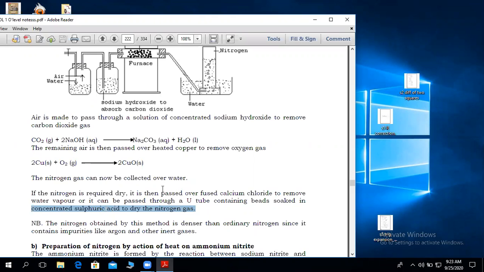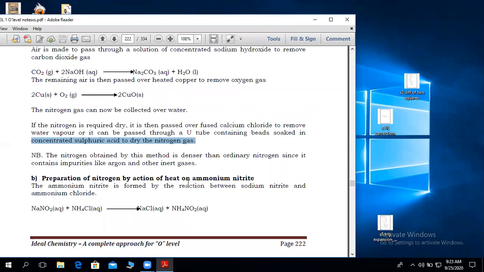But when we use anhydrous calcium chloride or fused calcium chloride, remember calcium chloride is only a drying agent when it is anhydrous. The word anhydrous means it does not contain water. Fused calcium chloride dries the gas. So take note of that.